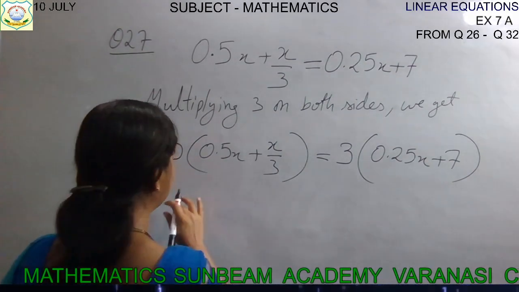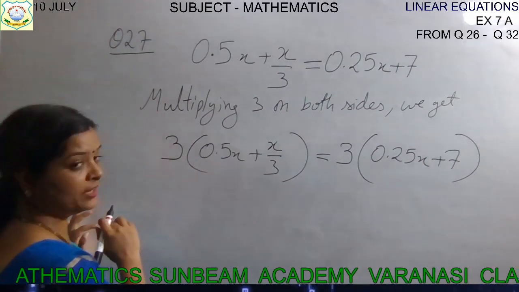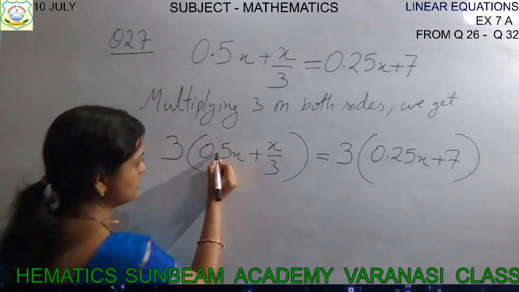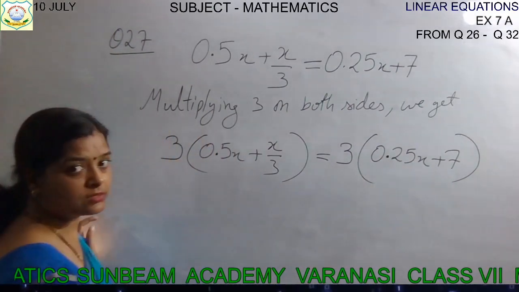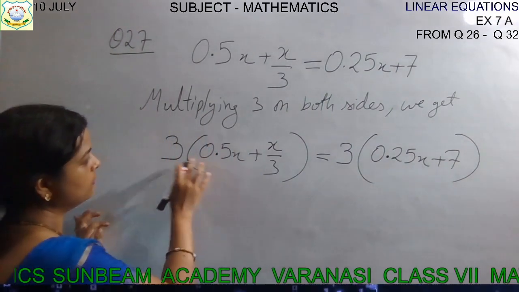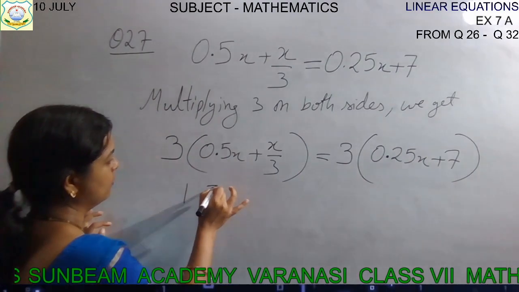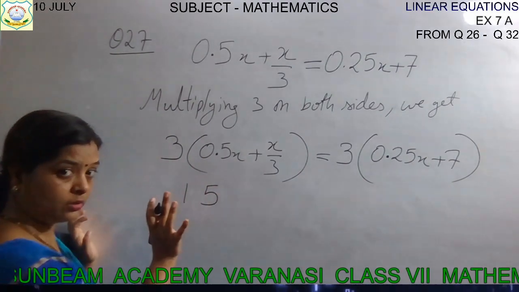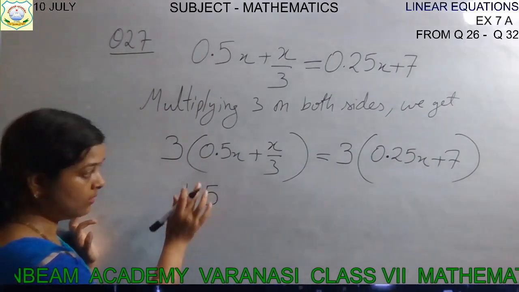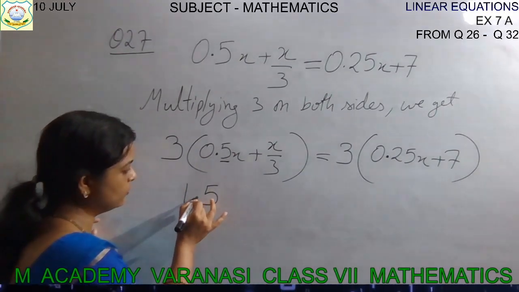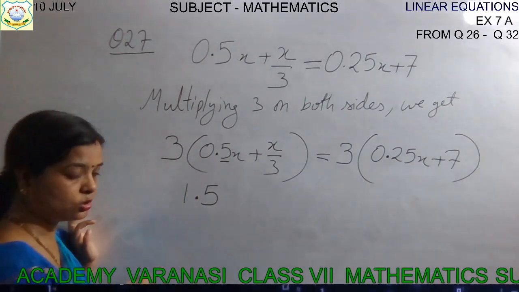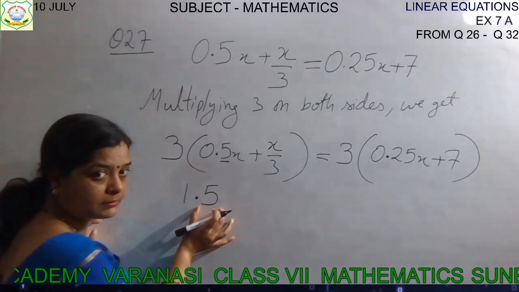Let's open the bracket. 3 into 0.5. This is a point, children, decimal. Now when you multiply, you will get 15 without decimal, but see the decimal place, only one decimal place, so you have to put one decimal place in the answer also.